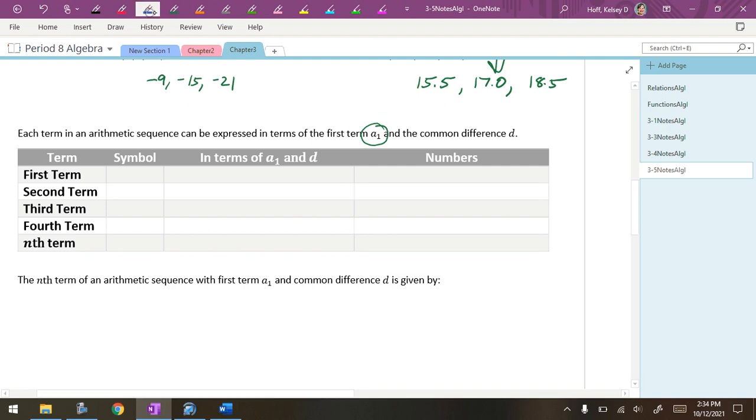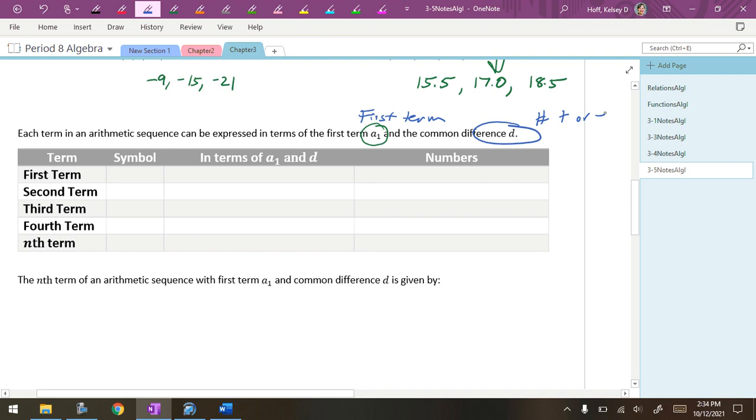A1 is the first term in the sequence. It is the very first number in the sequence. D is the common difference, the number that you add or subtract. It may be positive, it may be negative, based on whether it's positive or negative you're adding or subtracting.